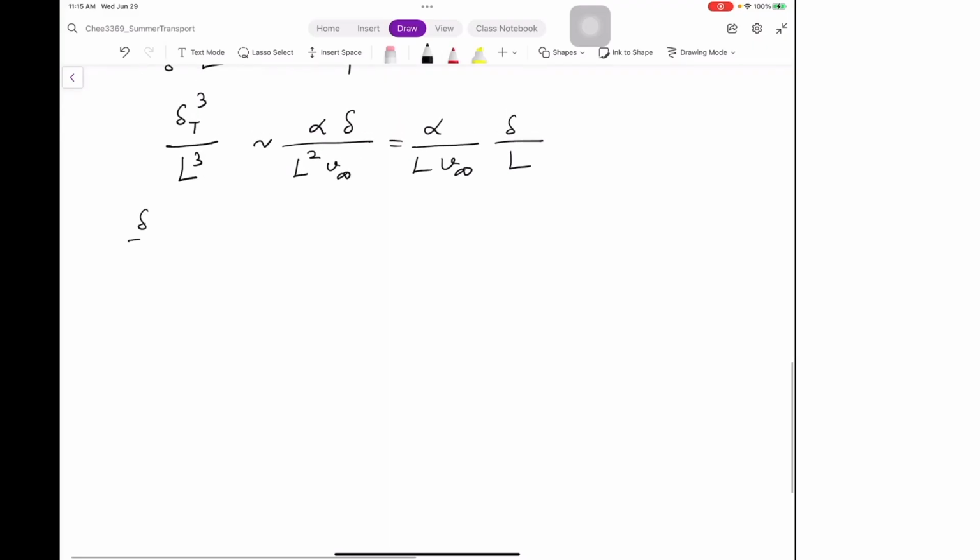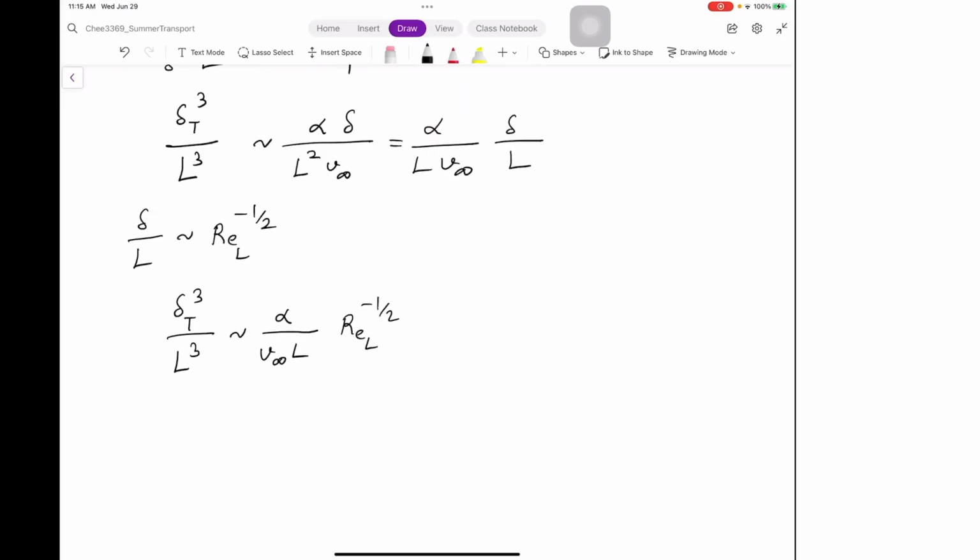And the delta over L, you know that, scales with Reynolds number L to the power of -1/2, right? We have seen this before. Thus, delta T cubed over L cubed is in the same order of magnitude as alpha over V infinity L, Reynolds number L to the power -1/2, right?